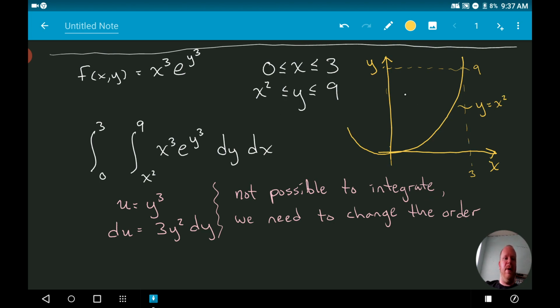So I've got some regions here, and we want to think about which of these two regions we're talking about here. So x is in between 0 and 3, and y looks like x squared is on the bottom and 9 is on the top. So this is the region that we're talking about up here.